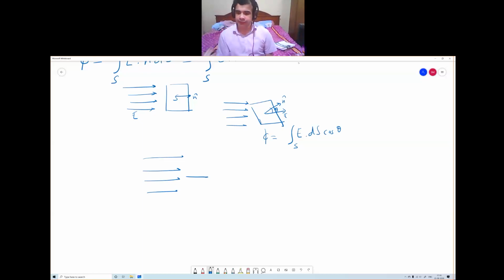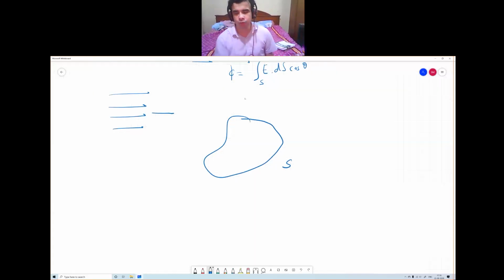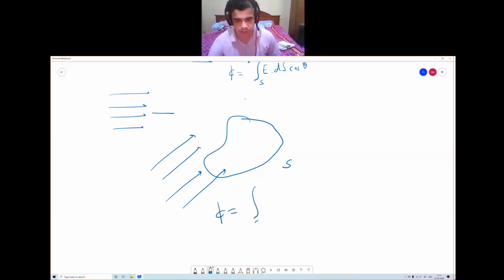So we discussed open surfaces. Now let us focus on closed surfaces. We can consider a closed surface of any arbitrary shape S, and assume that the surface is totally hollow and empty, there is nothing inside it. There is an electric field source somewhere outside the surface. For this surface also, flux is defined as the integral of E ds.